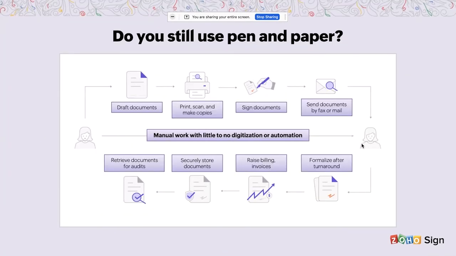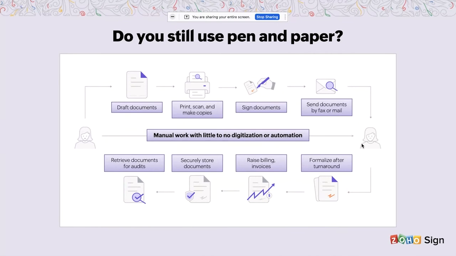So I think the workflow that is displayed on the screen is likely not new to you. You basically start with drafting documents when you use pen and paper for your business, and then just print and make copies of them to sign, and you send them by fax or post to different people to either sign or just approve.